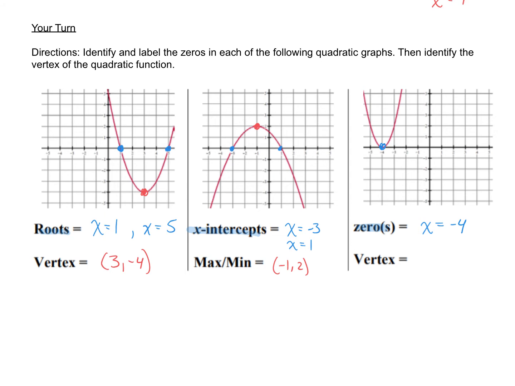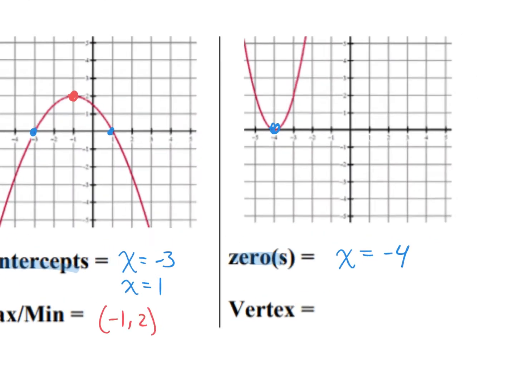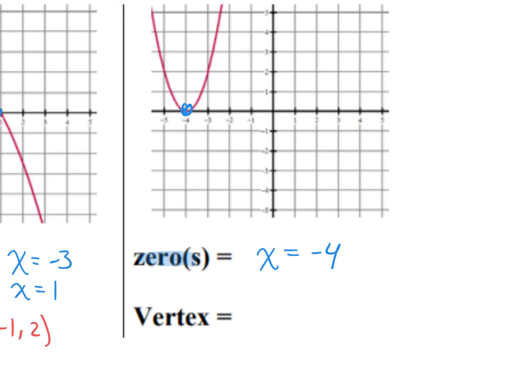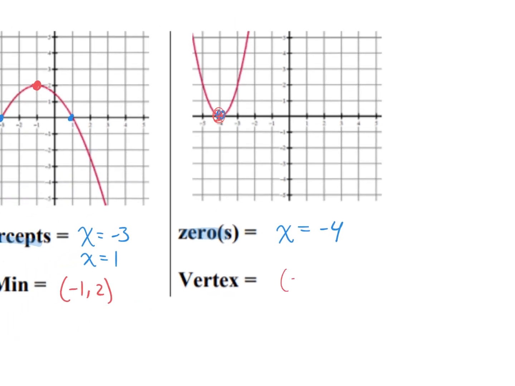Our last one, I did identify that zero. That's at x equals -4. What I wanted to show you guys, though, is that the vertex is also kind of at the same point, right? Our vertex is also right here. So our vertex would be at -4, 0, because that's where that graph starts.